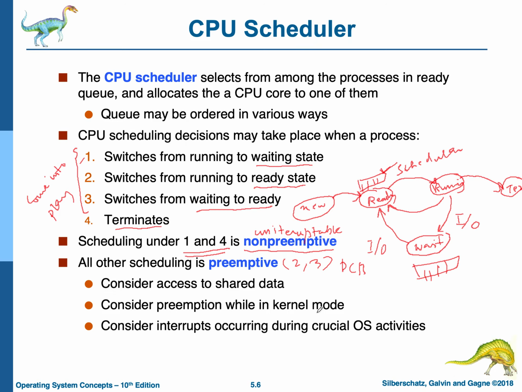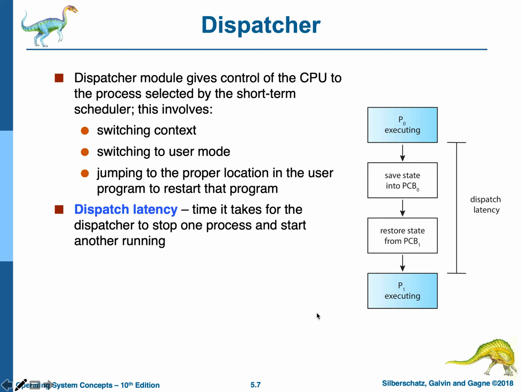So we have already seen the main concepts. Another thing is the dispatcher. Suppose here we have a queue of jobs, and we have the CPU here. Here we have a dispatcher.